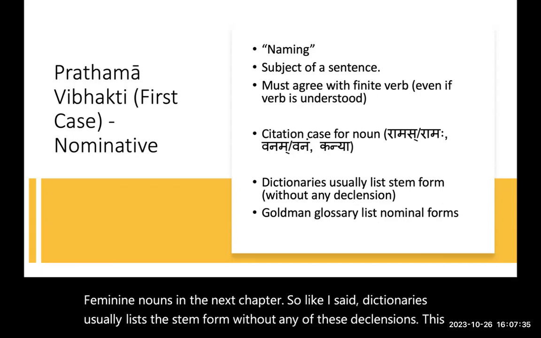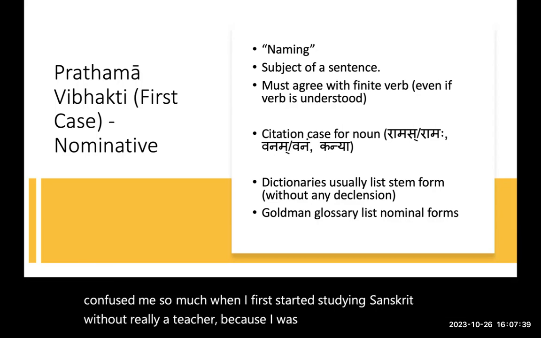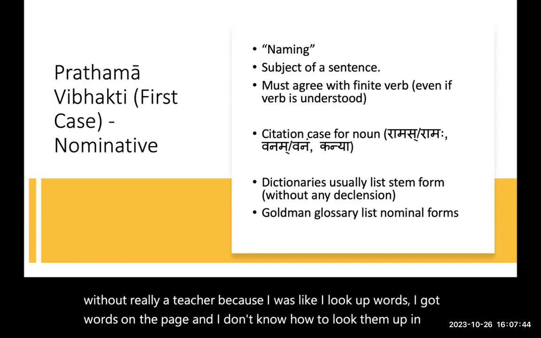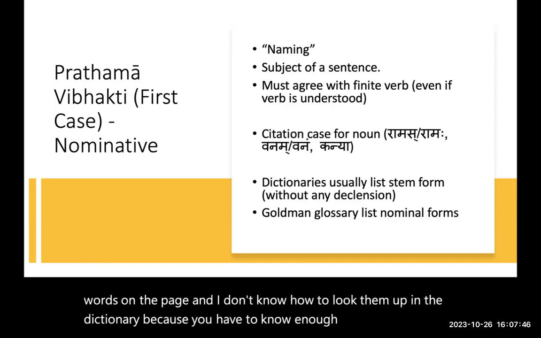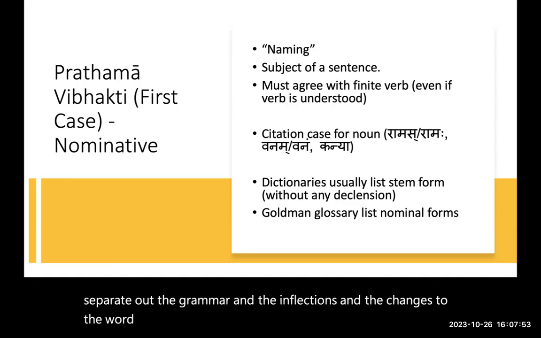This confused me so much when I first started studying Sanskrit without really a teacher. I looked up words, I had words on the page, and I didn't know how to look them up in the dictionary, because you have to know enough grammar to separate out the inflections and the changes to the word to figure out what the actual word is.